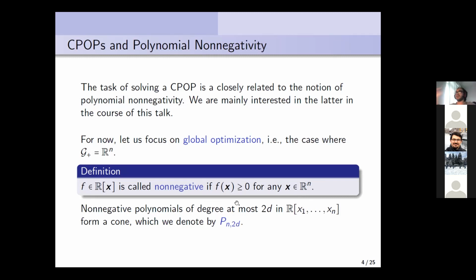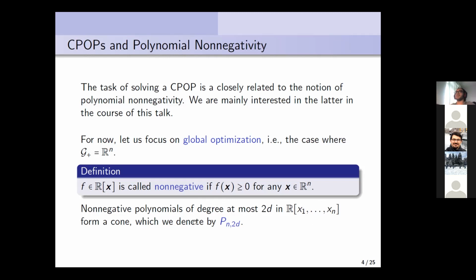Another thing I want to mention is that non-negative polynomials of degree at most 2d in n-dimensional space form a cone, which we denote by P_{n,2d}. By cone, I literally mean that if you take two non-negative polynomials, you can add them and it will still be non-negative, and you can also multiply a non-negative polynomial by a non-negative scalar and you will still have a non-negative polynomial.